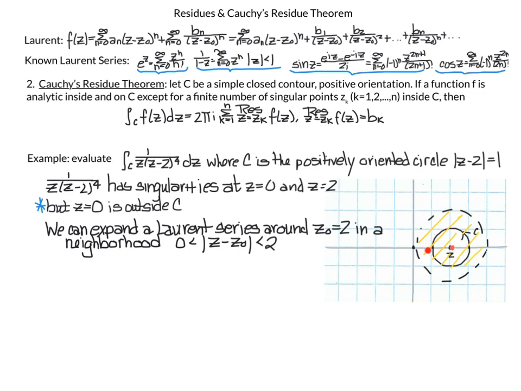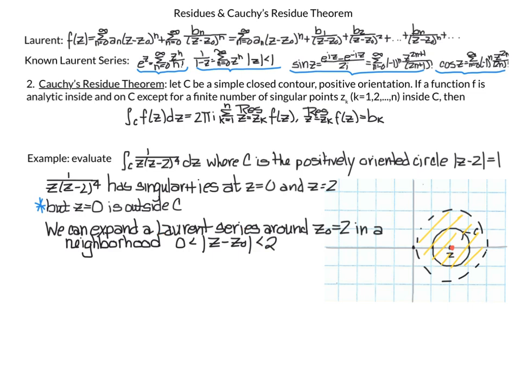So this is where we're analytic. And again, I didn't include my other point 0, which is why I made the modulus of z minus z naught less than 2. So I wouldn't include 0. So again, this is my radius of my neighborhood. This point is what makes this a punctured disk.